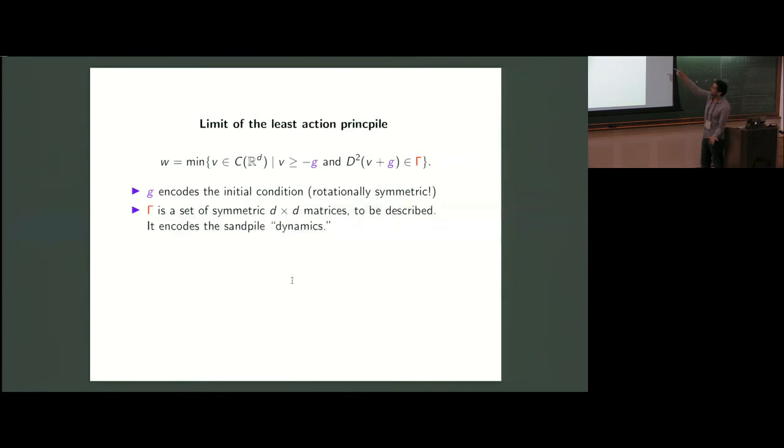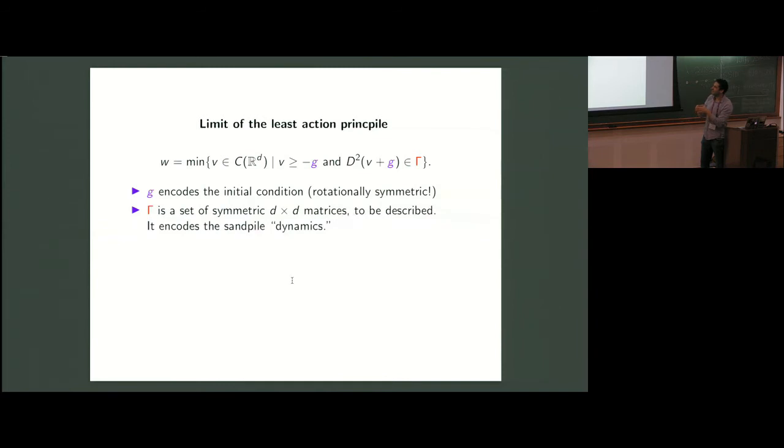Okay, so what kind of problem or PDE do you get when you take the limit of these action principles? Well, it's sort of an obstacle problem. The first condition: V is this unknown function, and it has to be pointwise bigger than this obstacle, minus G. And minus G is something simple. It's the Green function for R^d, okay?